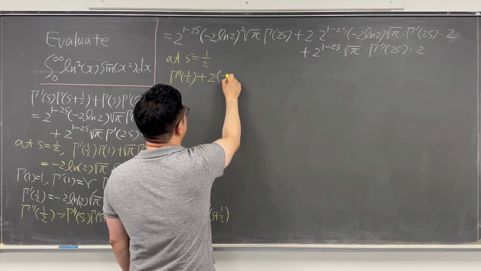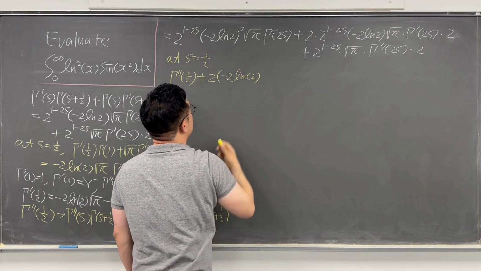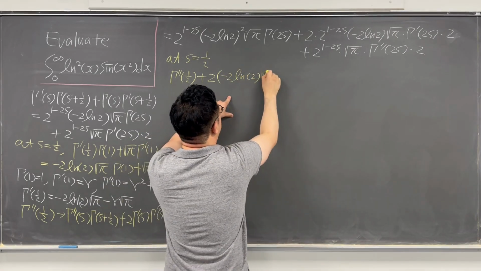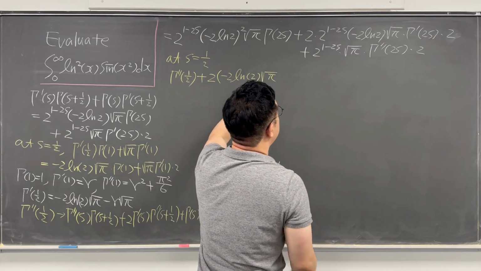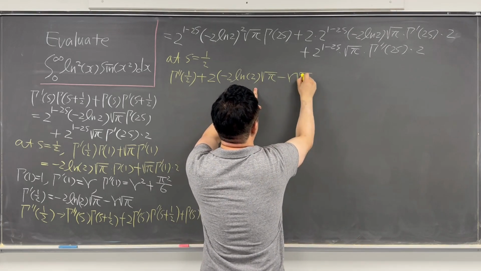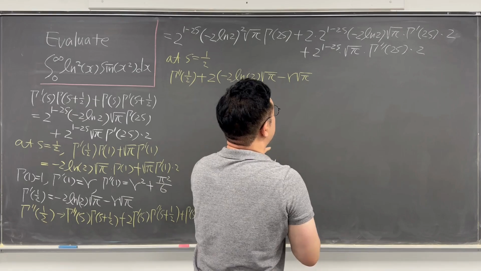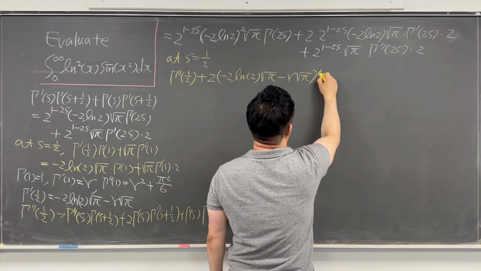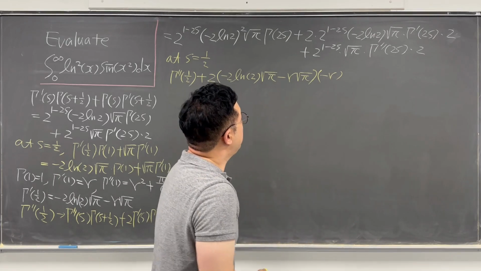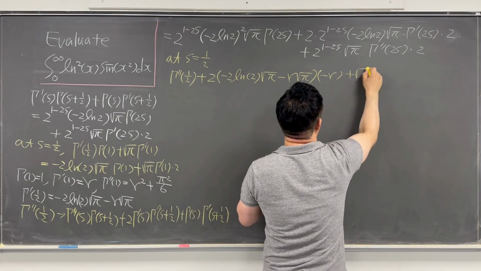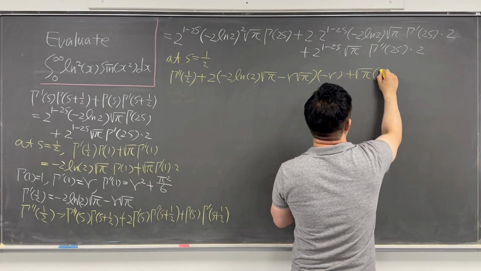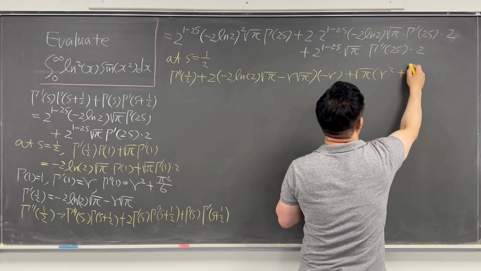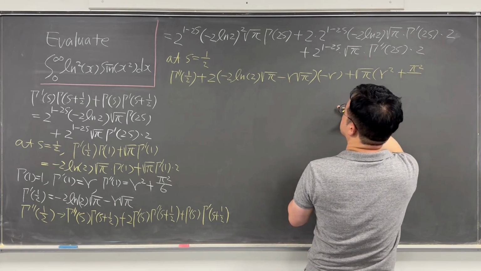And inside we should have negative 2 ln 2, that times square root of pi, and minus little gamma times square root of pi. Then close the parenthesis and multiply by negative little gamma. Then that plus square root of pi times little gamma squared plus pi squared over 6.